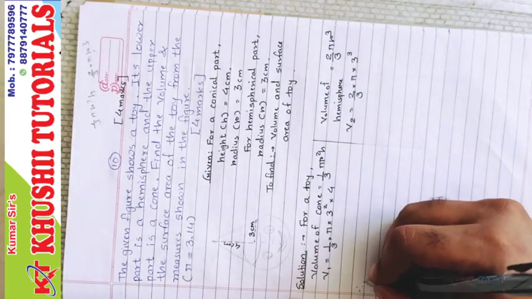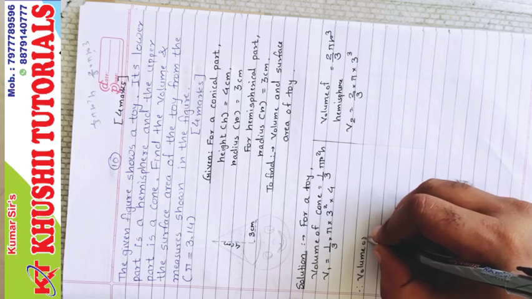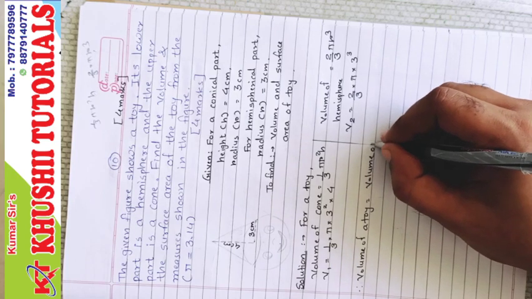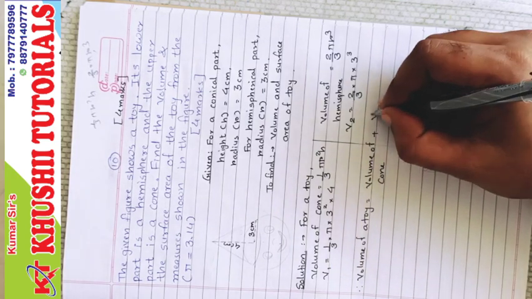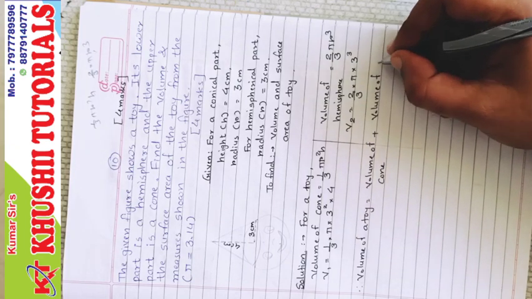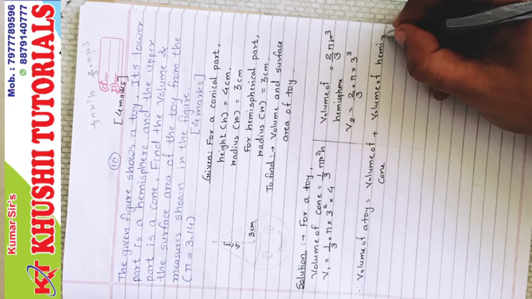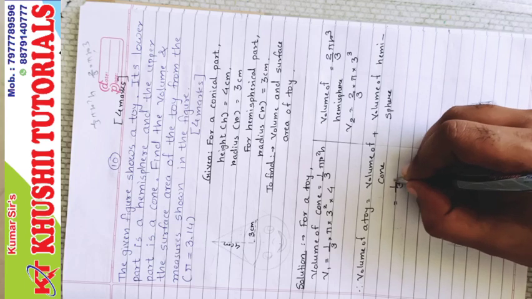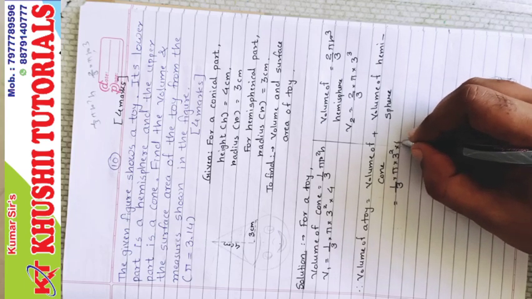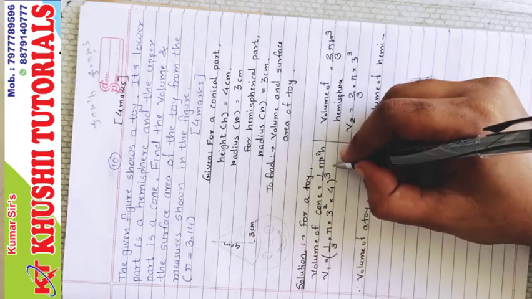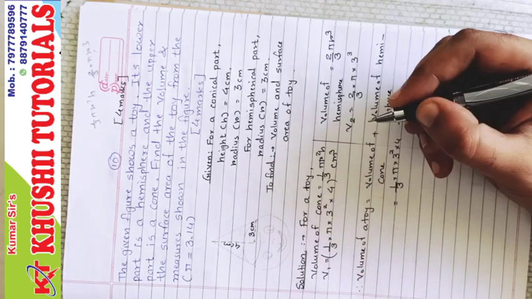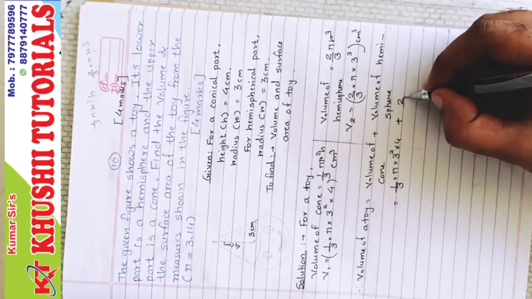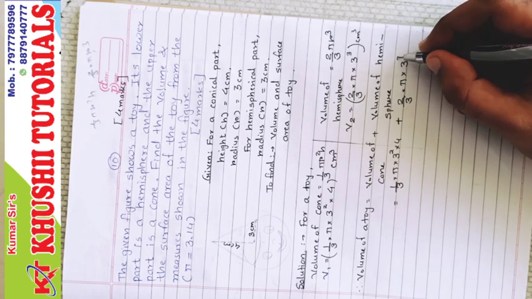Therefore volume of the toy equals volume of cone plus volume of hemisphere. Volume of cone is 1/3 pi 3 square into 4 plus, it is volume, so I need to write centimeter cube, and here centimeter cube, 2/3 into pi into 3 cube.